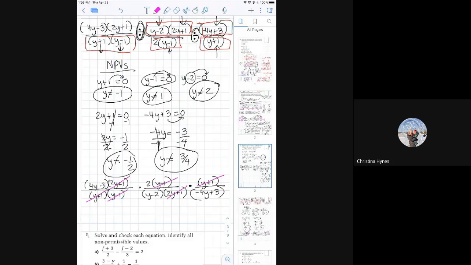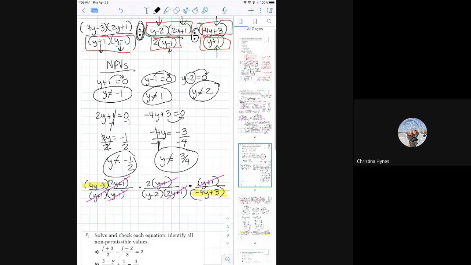There's one other thing, guys. There's a trick here that comes up a lot in 30-1 and 30-2 that you want to watch. Notice that these two that I'm outlining look like they're the same. They have the same number. You can actually simplify them by factoring out a negative.